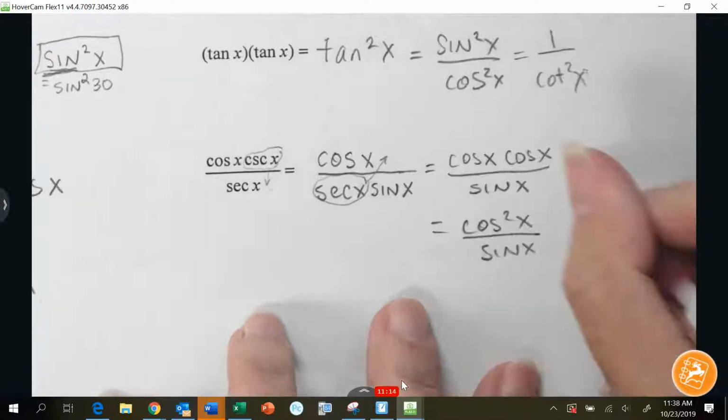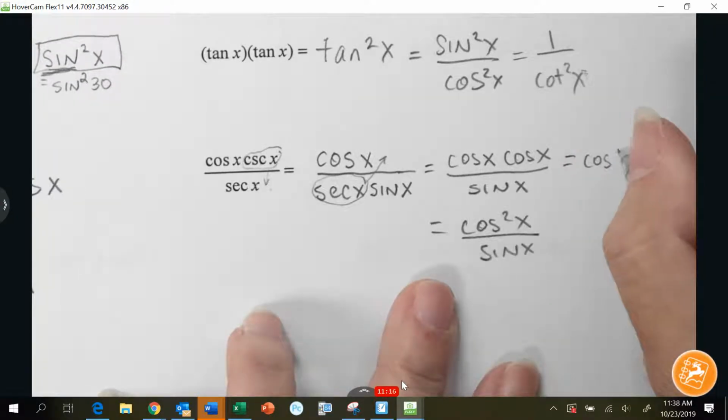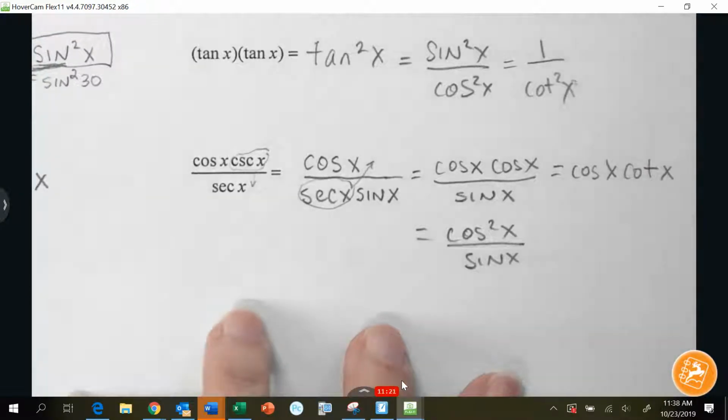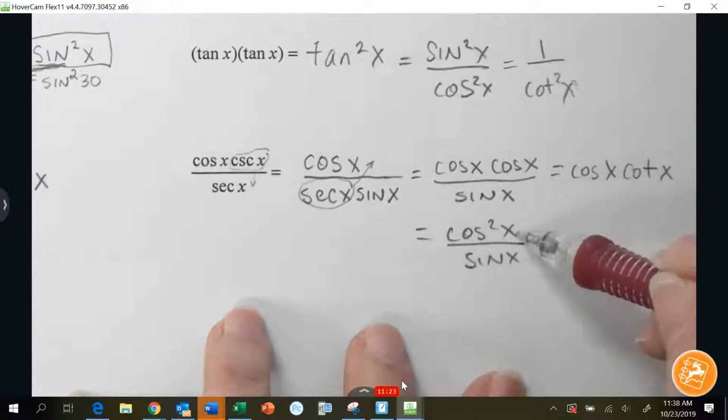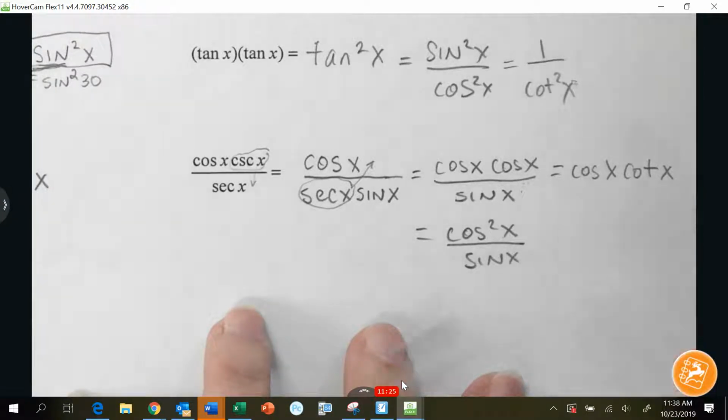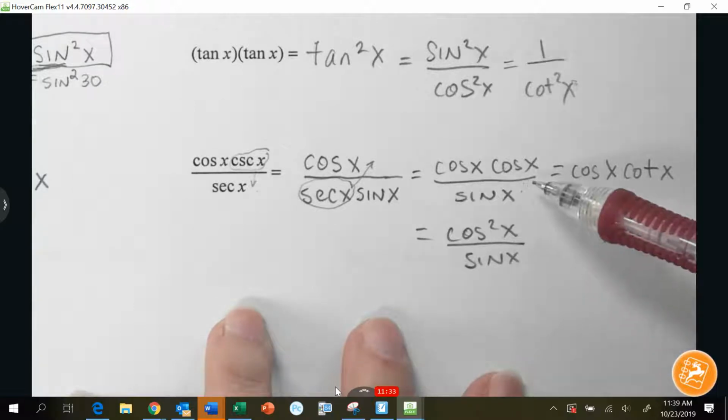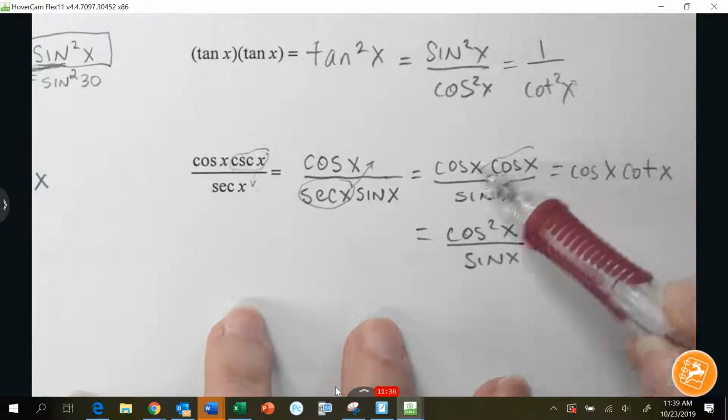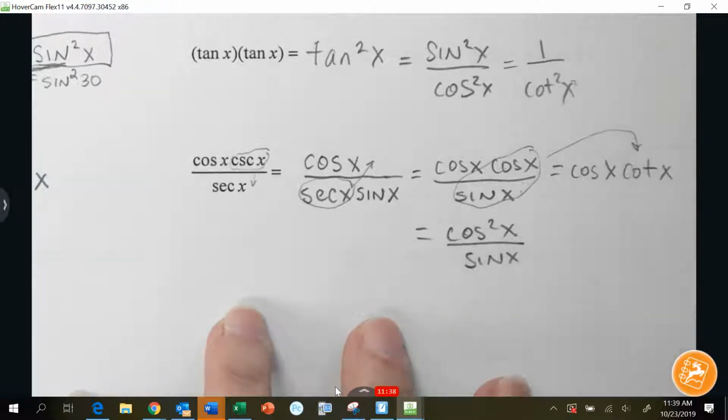Maybe I wanted it to look like this. You guys get how I got this one, yes? How'd I get that one? Where's my x over y? My cosine over sine is the same thing as cotangent.